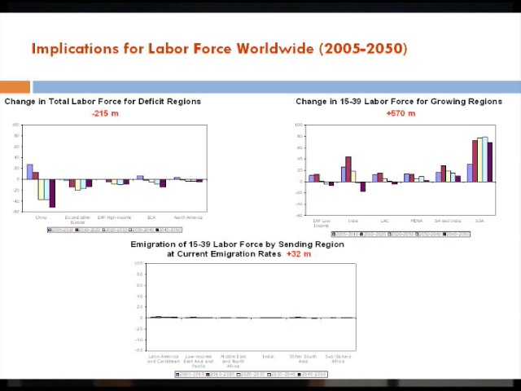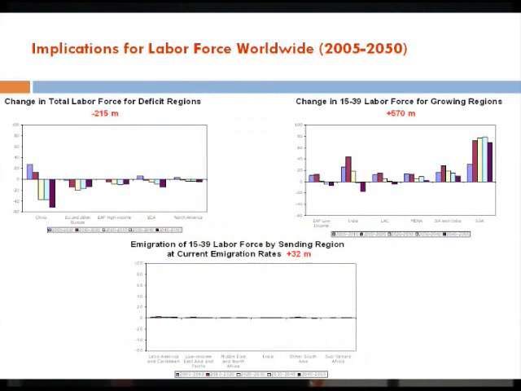The implication for the labor force worldwide is that we are going to see two kinds of phenomena in the world. One is that in some regions of the world, the total labor force will decline, and let's call those deficit regions.